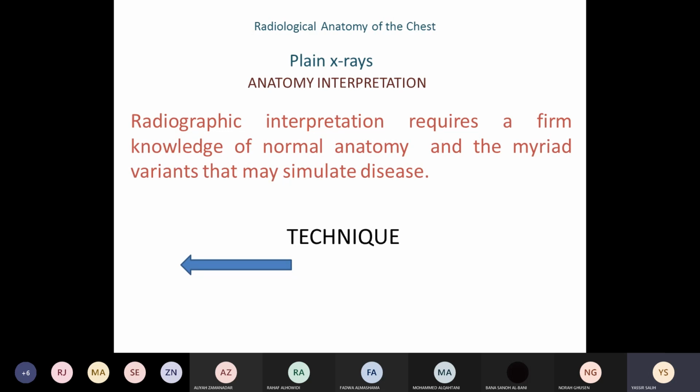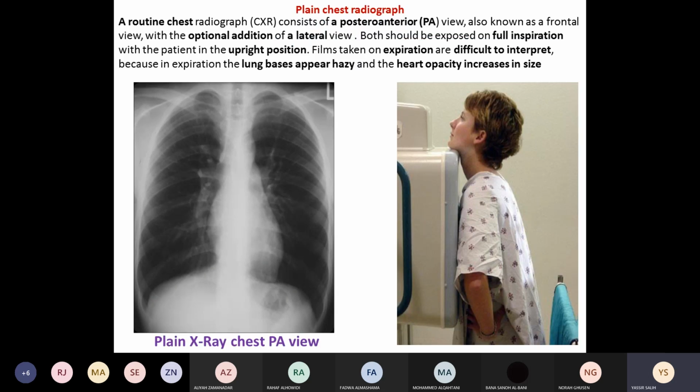So you have to know the different techniques, the normal anatomy in each of these techniques, and to know some anatomical variants that may mimic disease.